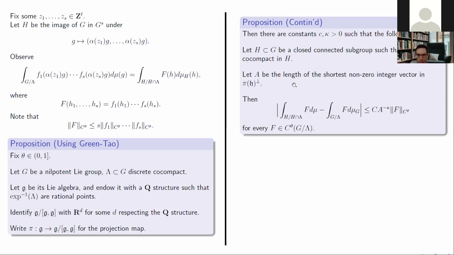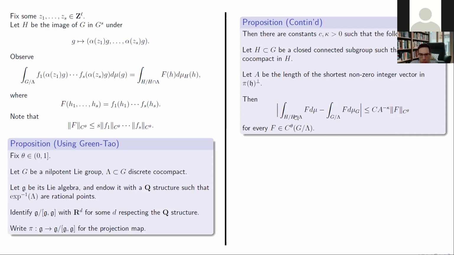When you apply this, you apply it with G to be the S power of the original G, and this H inside it will be this twisted embedding of the original G. And then this estimate that you get here is precisely what you want to get at the end.